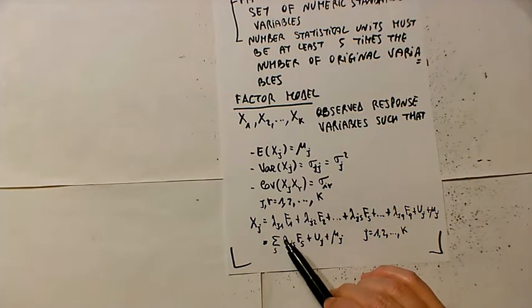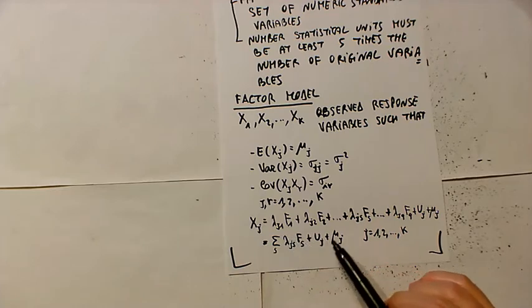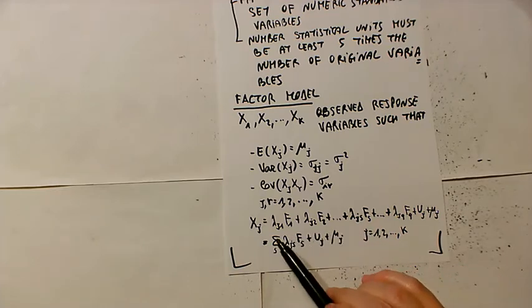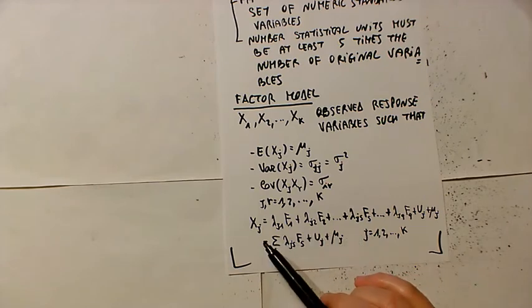The coefficients of the linear combination lambda j1, lambda j2, lambda js are the coefficients concerning the explanation of xj through the factors f1, f2, fq.